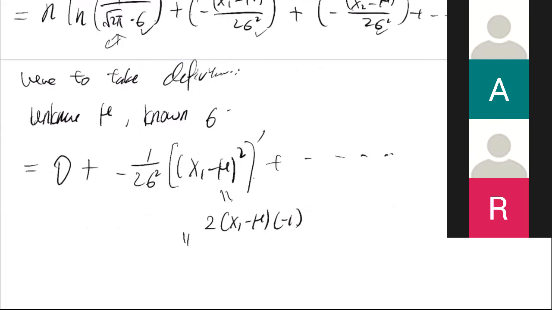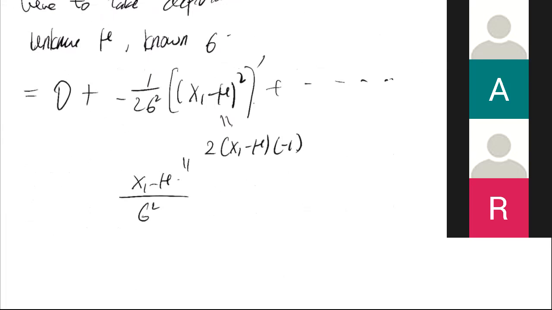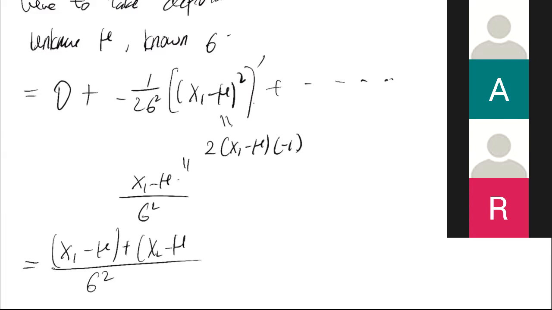And this term is actually just 2 times sigma square over x1 minus mu. So if we sum all these terms together, that will be sigma square over x1 minus mu plus x2 minus mu plus and so on plus xn minus mu.